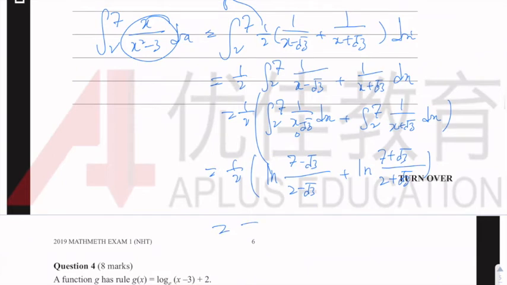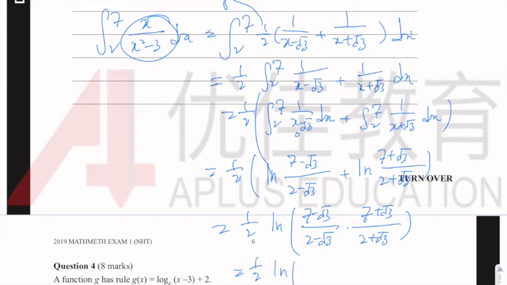Then we simplify this: half ln of 7 minus square root of 3 over 2 minus square root of 3, times 7 plus square root of 3 over 2 plus square root of 3. So that's half ln of 49 minus 3 over 4 minus 3. So the answer is half ln 46. Okay, can we simplify? That's the final answer.